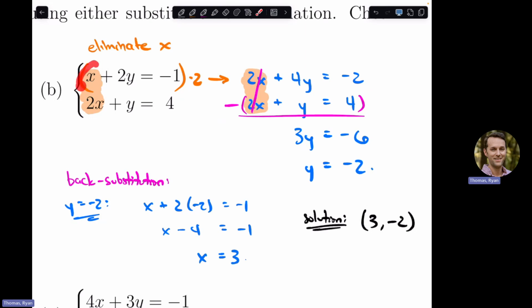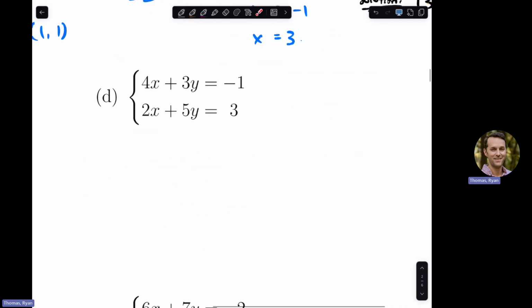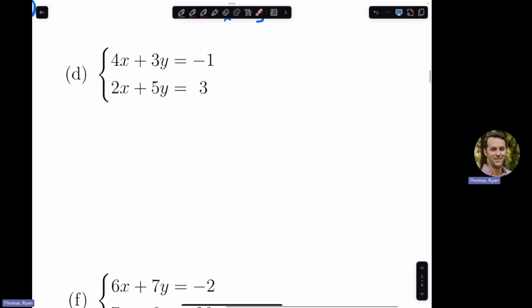So I would probably choose one of these two if I'm going to do a substitution, but you can do it either way and it'll still work. It's just a question of how messy the stuff in the middle is going to get. So why don't you all take a minute and think about how you might go after this one.